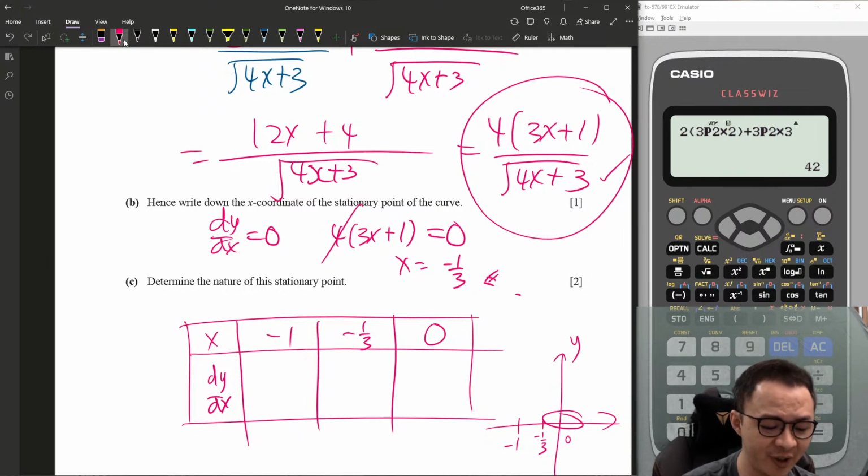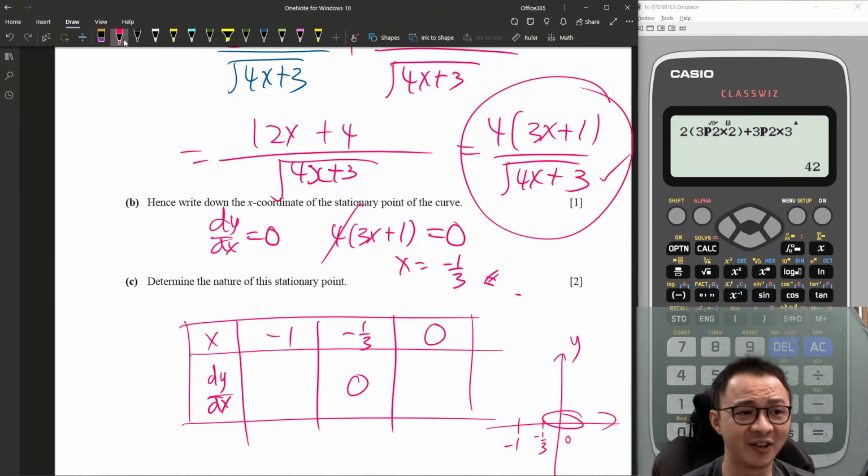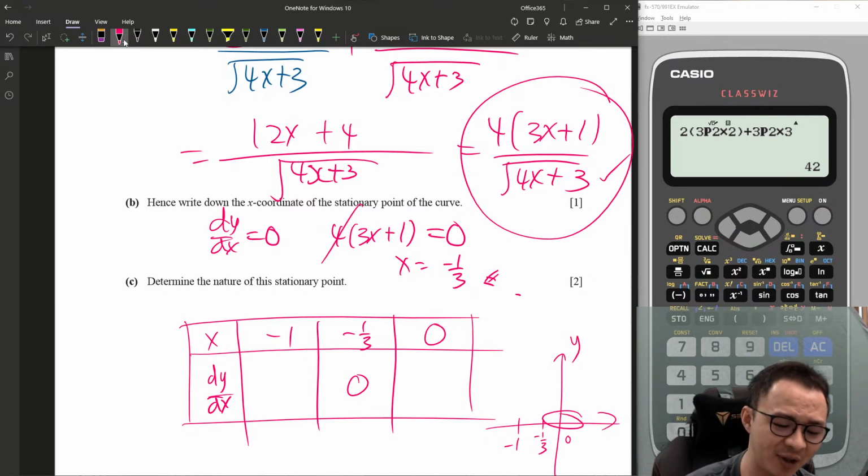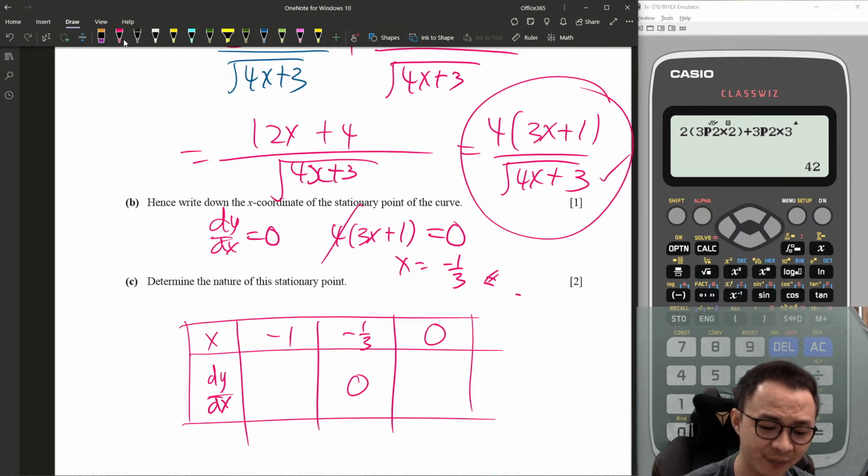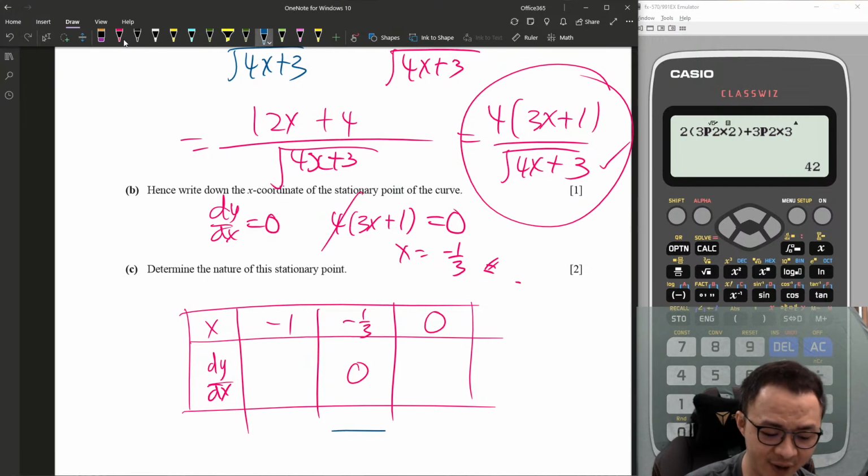Because over here, dy/dx is 0 when x is negative 1 over 3. Then we sub the 0 into my dy/dx. See what happened. So at 0, the gradient will look like this. This is the sign, or shapes, but it doesn't matter.